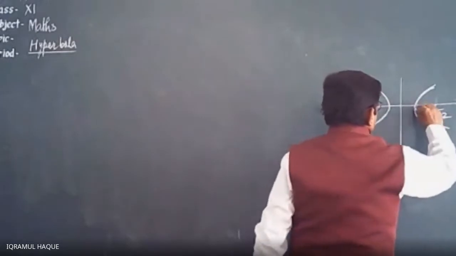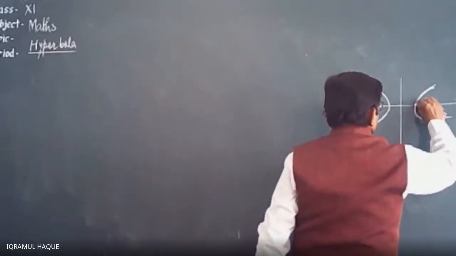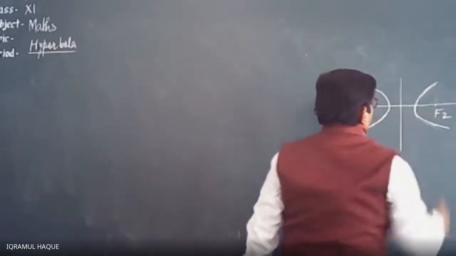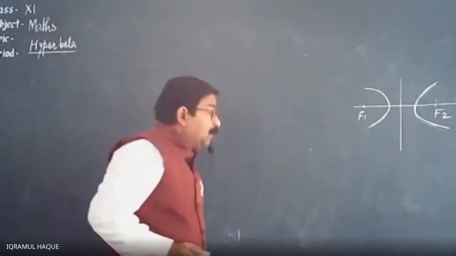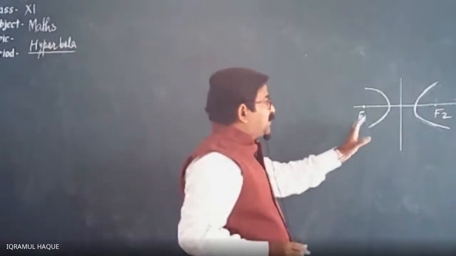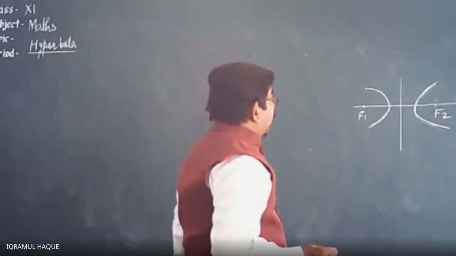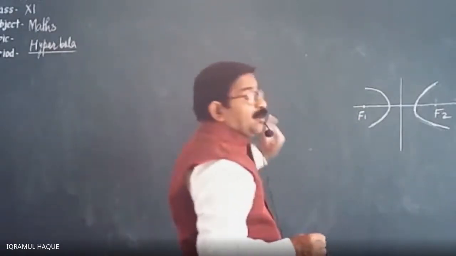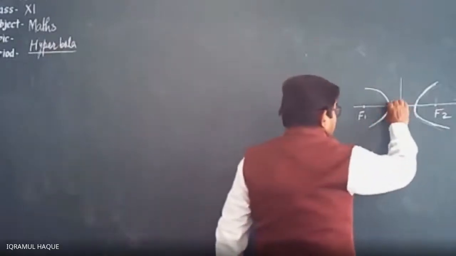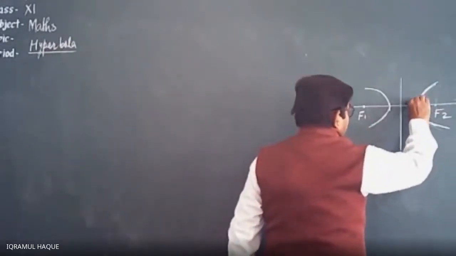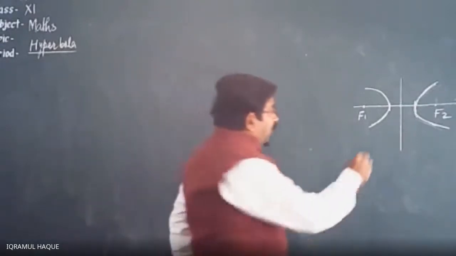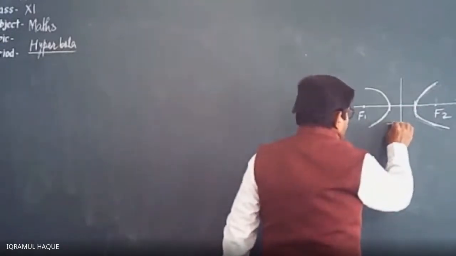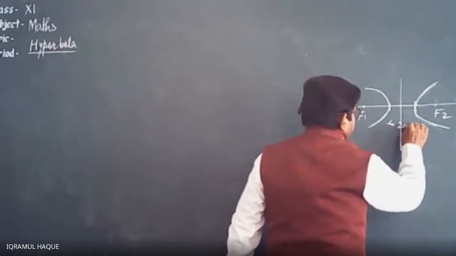What is the definition of hyperbola? First of all, let's discuss the figure. In case of ellipse, the distance between vertices was 2a. Here also we have the distance between vertices as 2a.